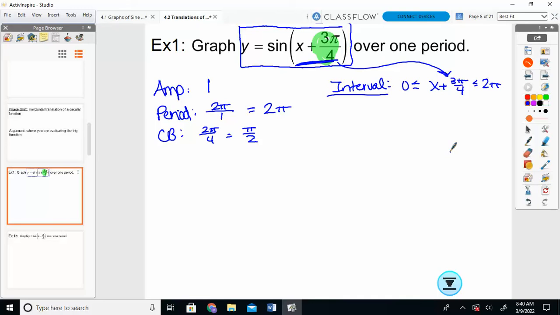So what would I have to do to get x by itself? Subtract 3 pi over 4. So I would get negative 3 pi over 4 less than or equal to x less than or equal to 2 pi minus 3 pi over 4. So it's like 2 minus 3/4. So that's 5 pi over 4.